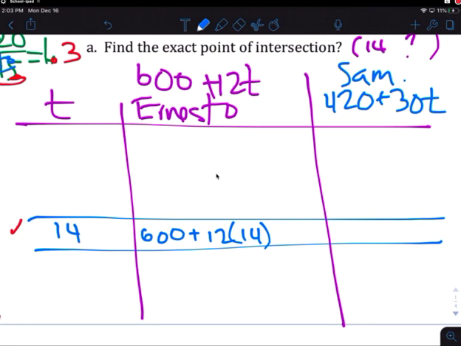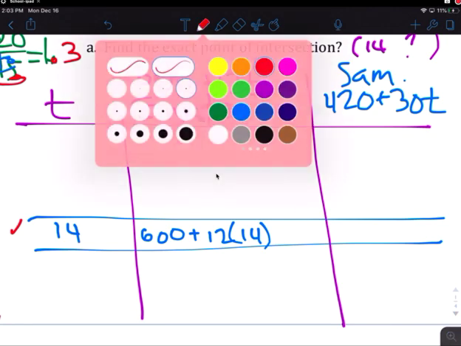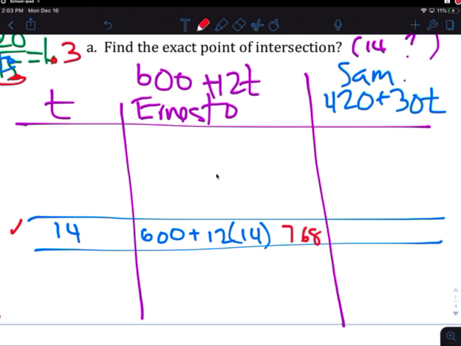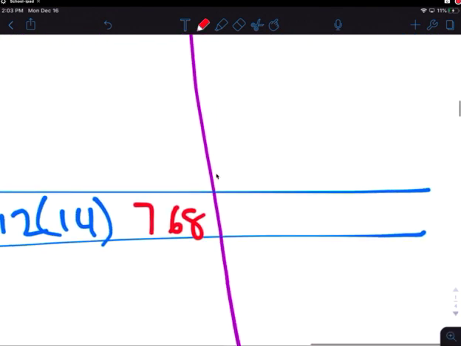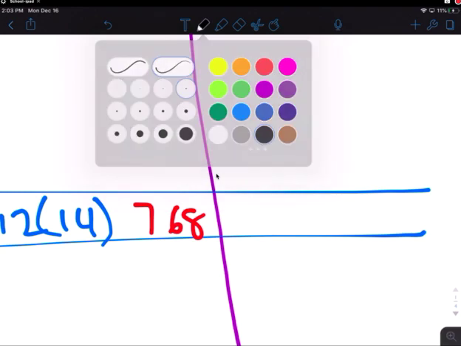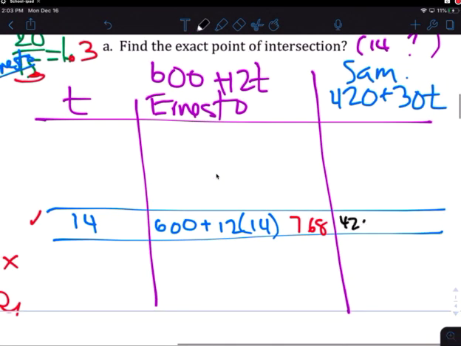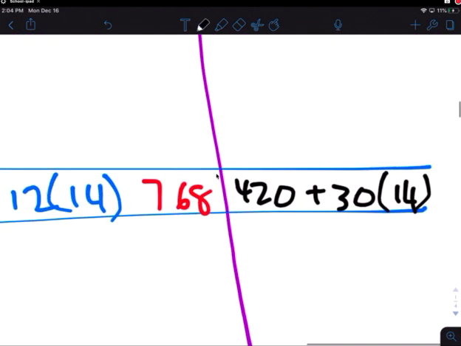You get $768. Let's see what Samuel pays, if it's the same or not. Okay, Samuel is 420 plus 30 times 14 also. 30 times 14 first, always multiply. Add the 420, 840.